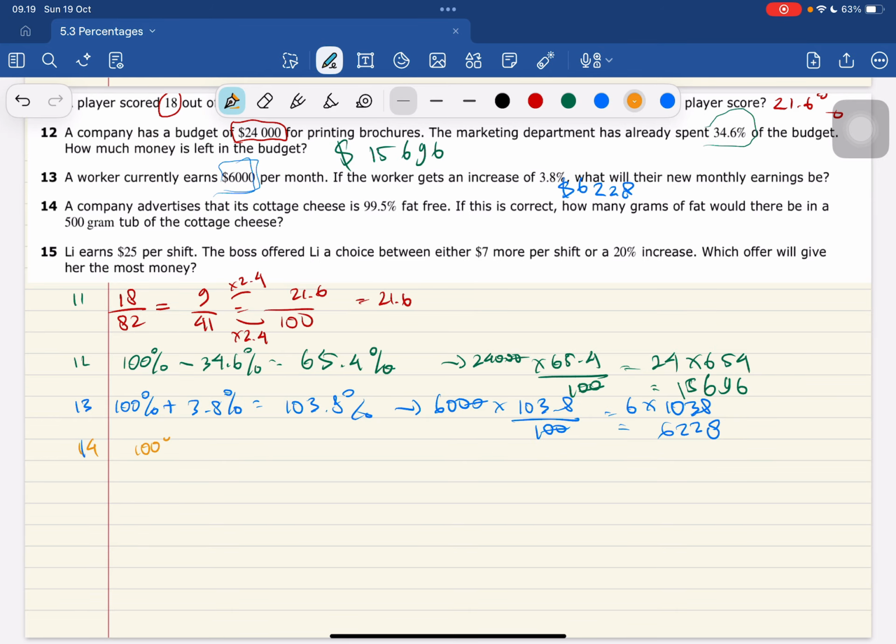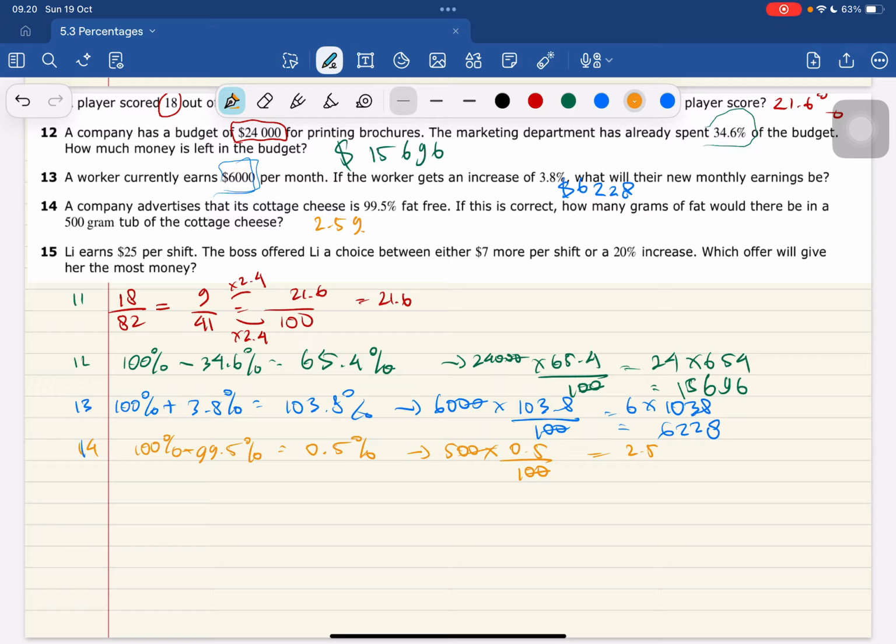So 100% minus 99.5%. This is going to be 0.5%. So we can count 500 times 0.5 over 100. So we simplify it. 5 times 0.5 is 2.5. So this is 2.5 grams.